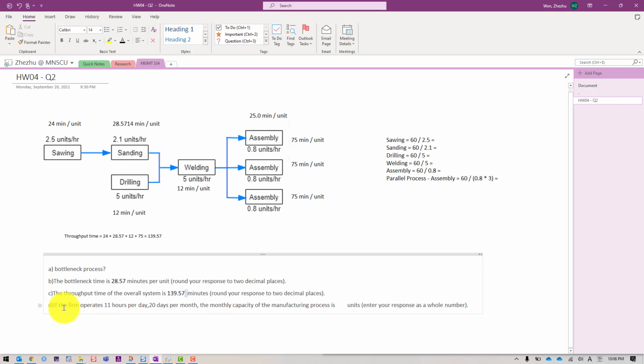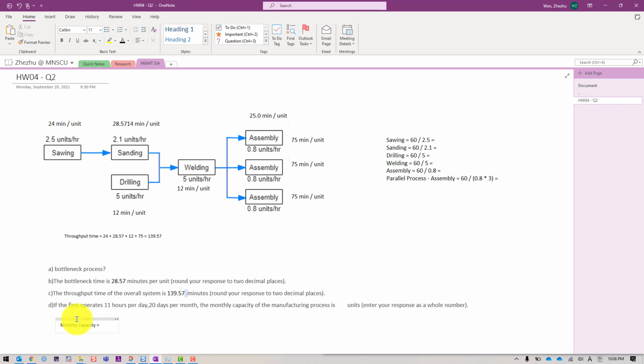And lastly, if the firm operates 11 hours per day, 20 days per month, what is the monthly capacity of the manufacturing process? We need monthly capacity, so let's see if we have enough information for that.